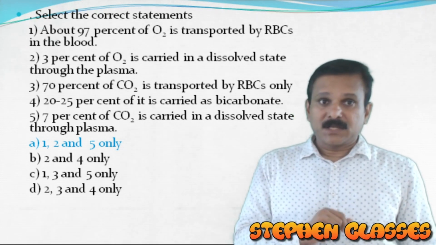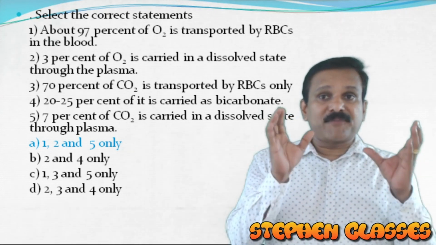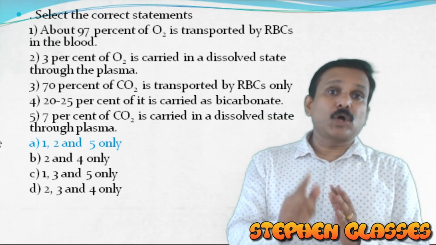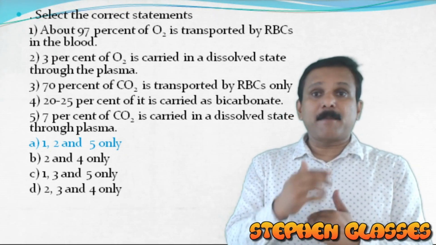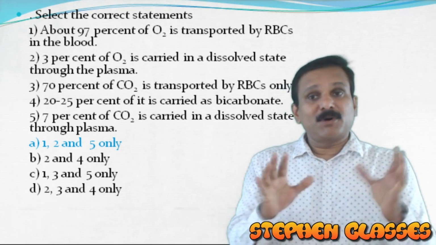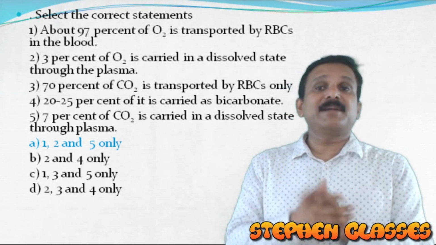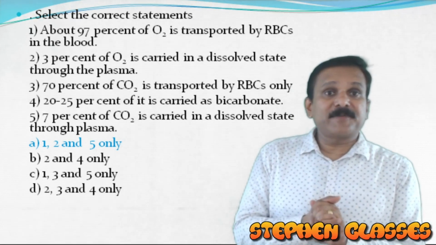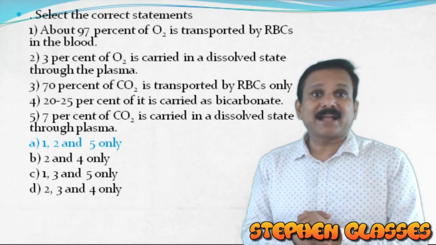Because for transport of carbon dioxide as 70% in the form of bicarbonate, we require not only RBCs but also plasma. Both are required, so the third statement is wrong here. What about the fourth one? 20 to 25% of carbon dioxide is carried as bicarbonate.